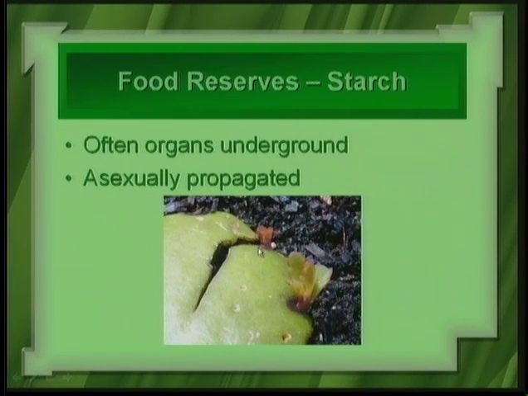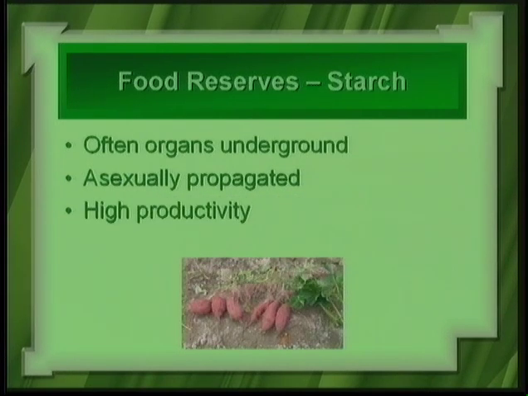Here you see these little keiki, these vegetative plant propagules, coming off a leaf. This is another example of asexual propagation, and we will talk a little about it as regards different storage organs of the plant. Remember that asexual propagation is something plants can do that we can't, at least not right now.